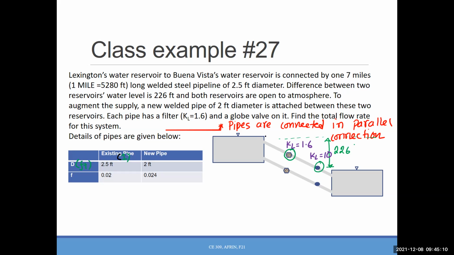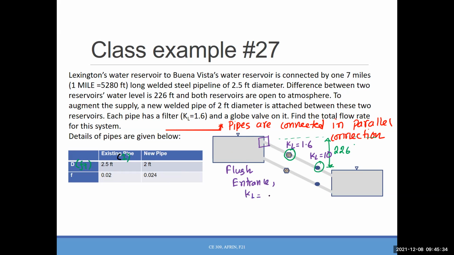One is whenever the water or any fluid enters from a big reservoir to a small pipe, it's called flush entrance. Can you look up at your table and tell me what is the flush entrance KL? 0.5. Okay.